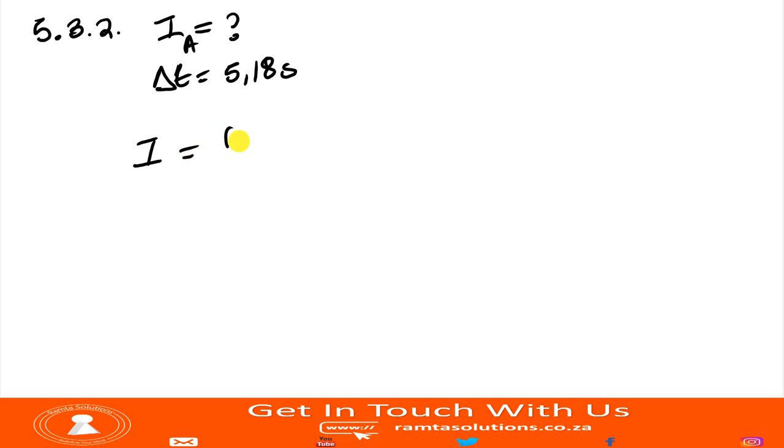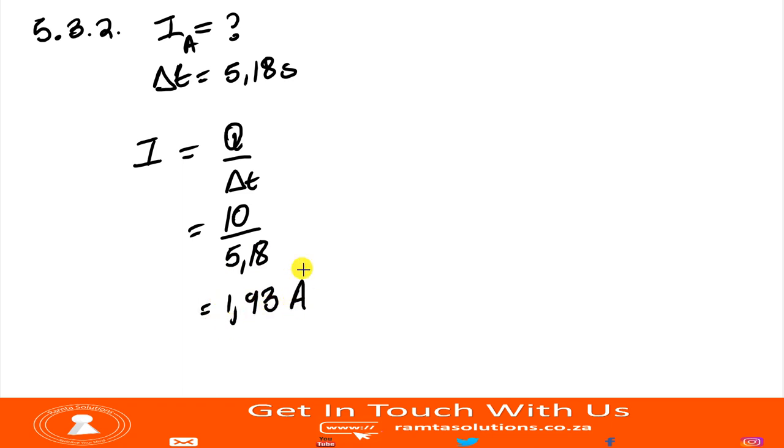So it is Q over delta T. Q is 10 coulombs and the time is 5.18 seconds. 10 divided by 5.18 is 1.93 amperes.